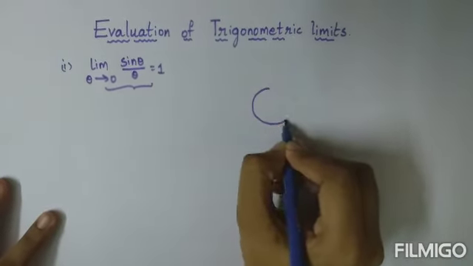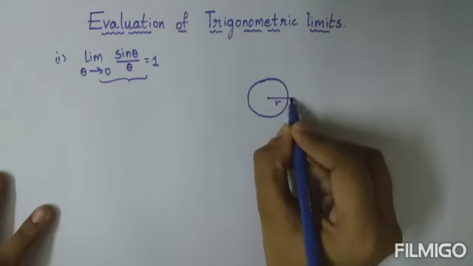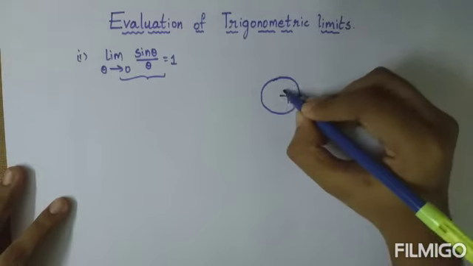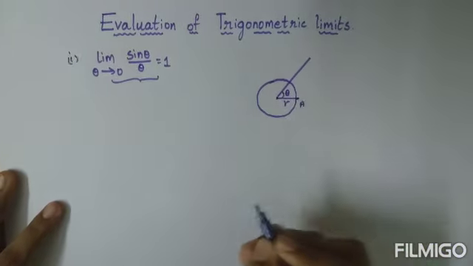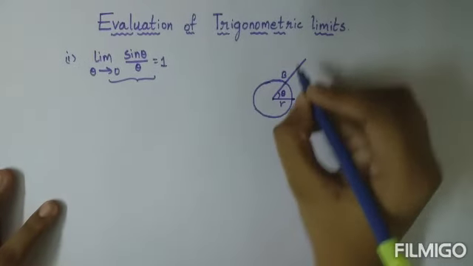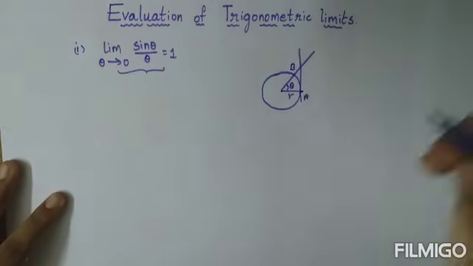Let us consider a circle of radius r and this point as A. Let us take a line which makes an angle theta with this. This point as B, and we cut it with a line which is tangent at point A and this line.